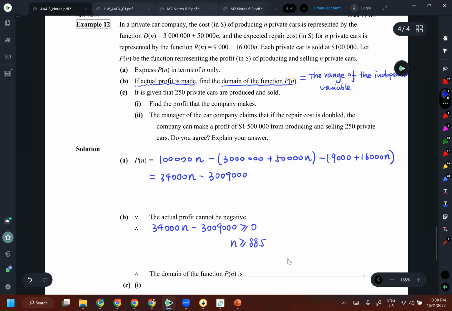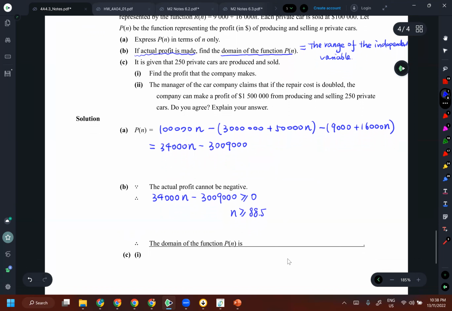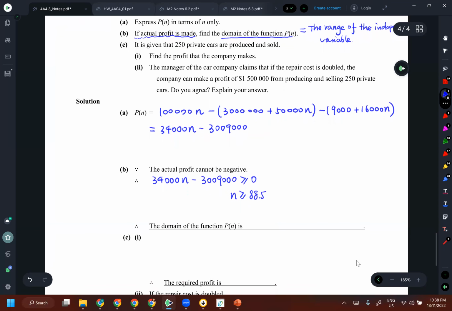Now the answer. In the answer, I must state what n can be precisely, plus this additional constraint, plus all the natural constraints. So the domain of the function p of n is all positive integers.